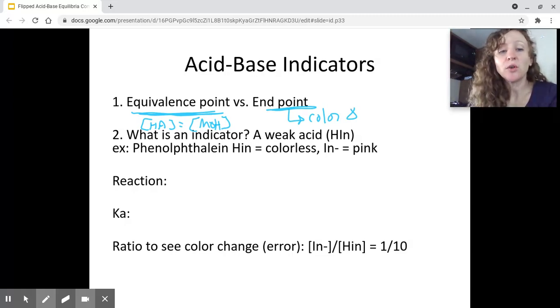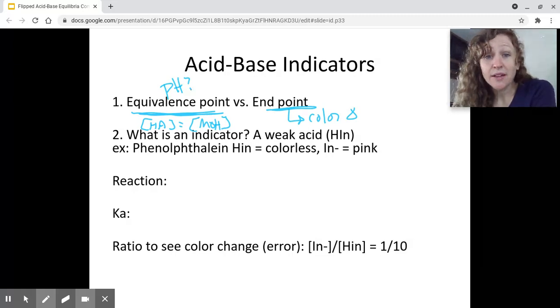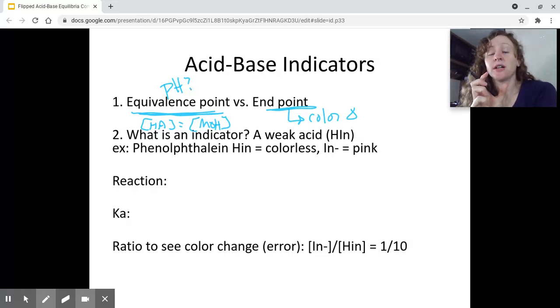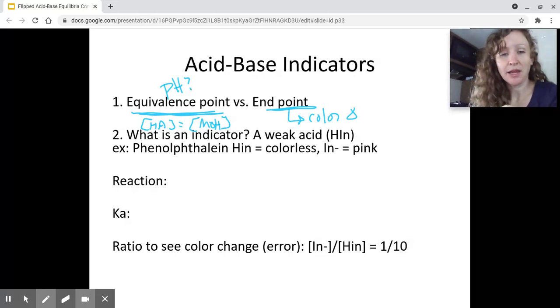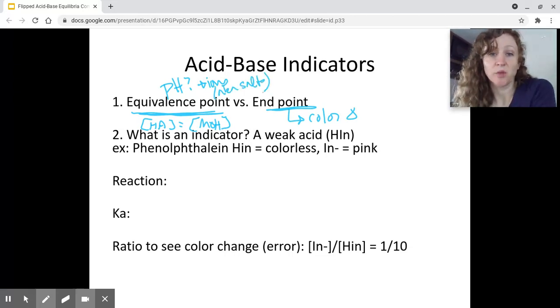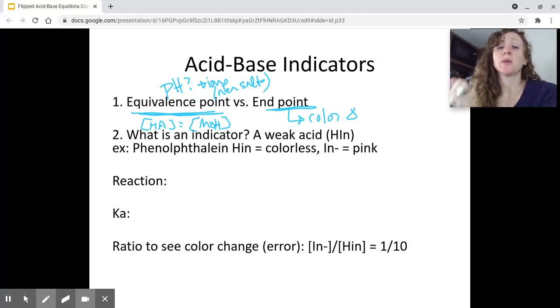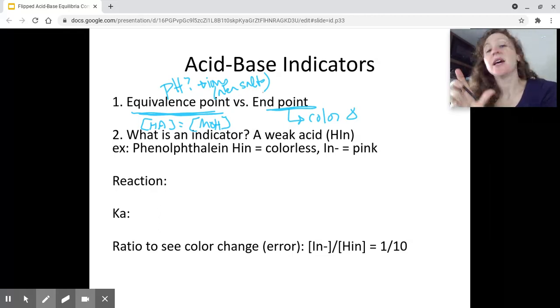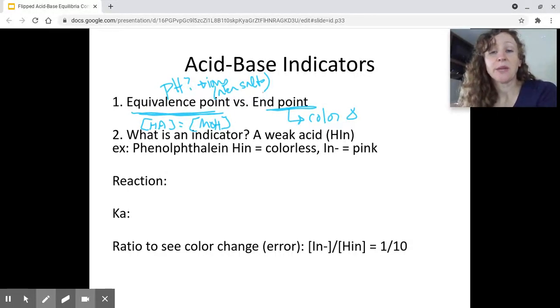You have to know what the pH is when your concentration of acid is equal to your concentration of base, right? That's going to depend on the ions or the salts. Which ions are present? What's the conjugate of your base? What's the conjugate of your acid?